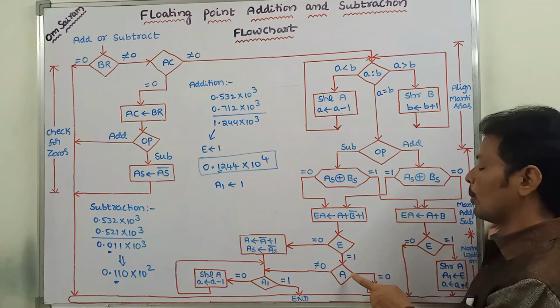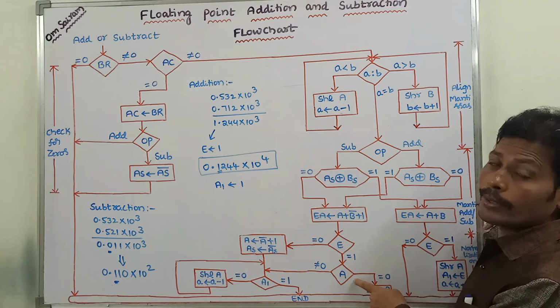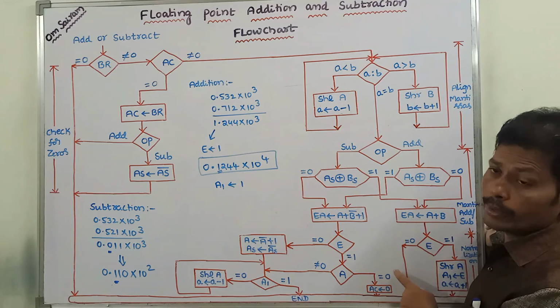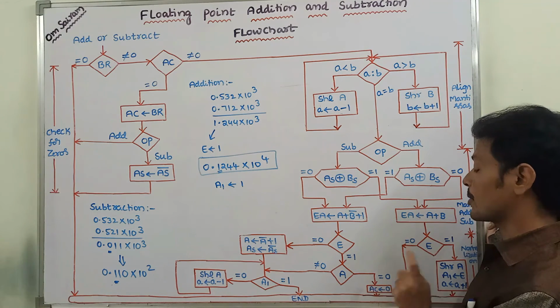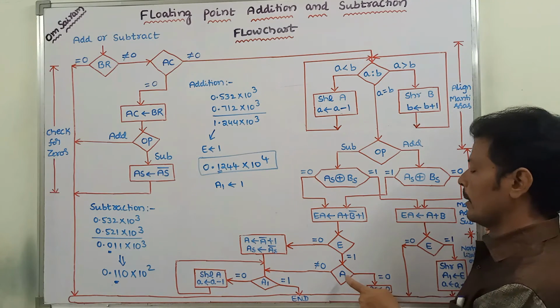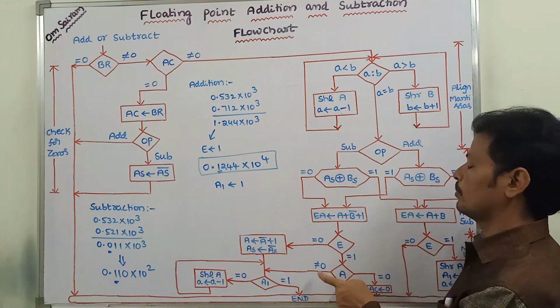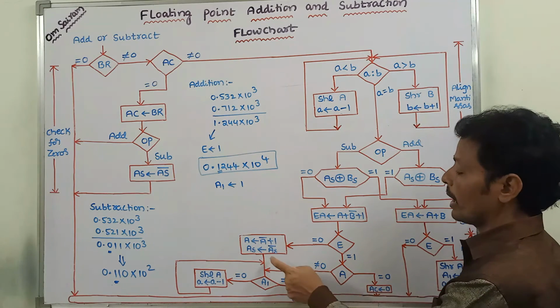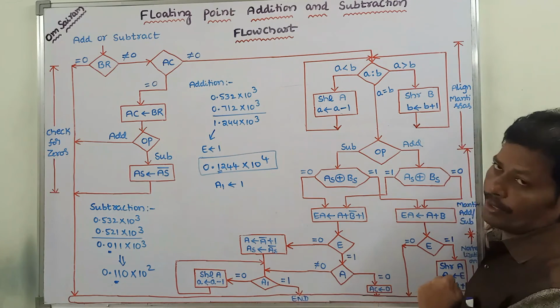At that time, we have to check the result. If the result value is equal to 0, then 0 is transferred to the accumulator. Suppose the A value, the result, is not equal to 0, then we check the A1 bit.